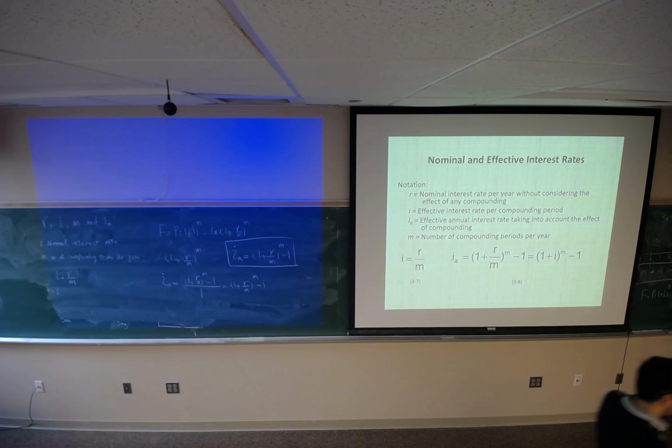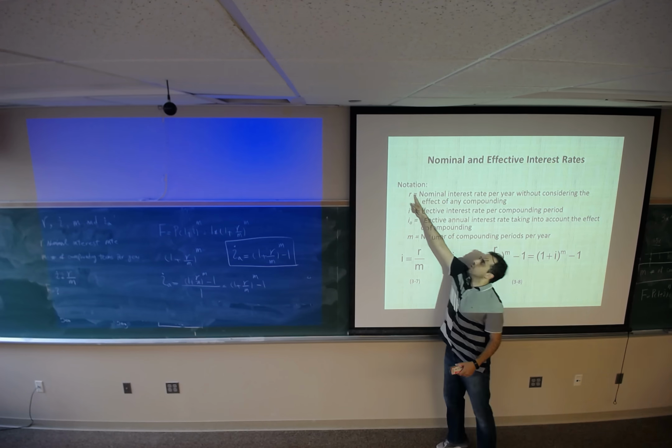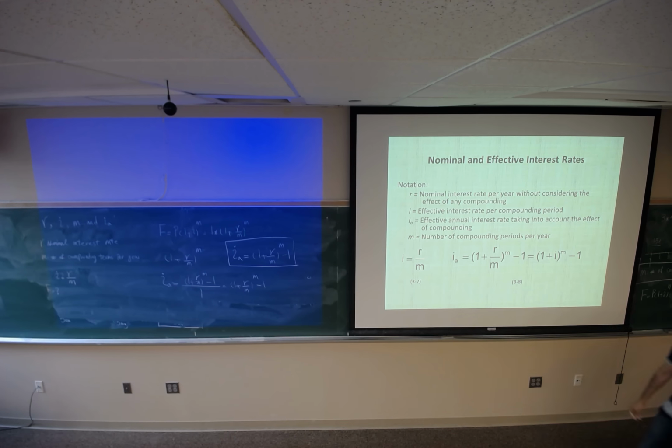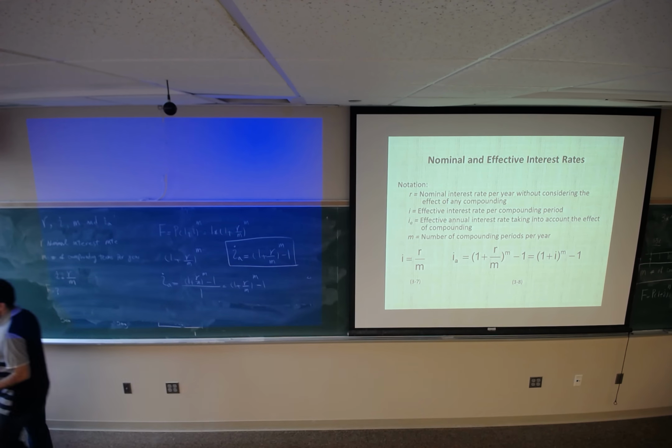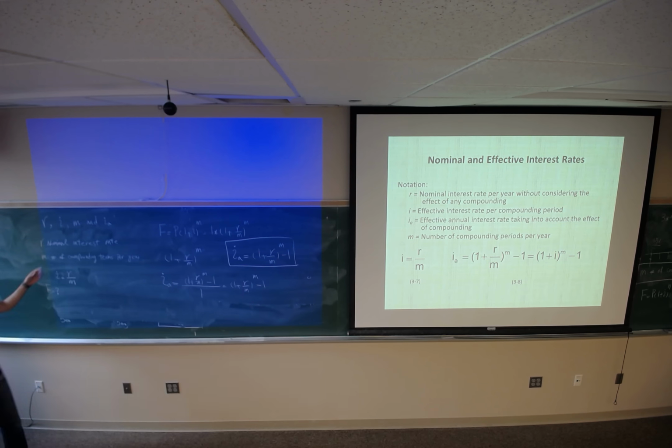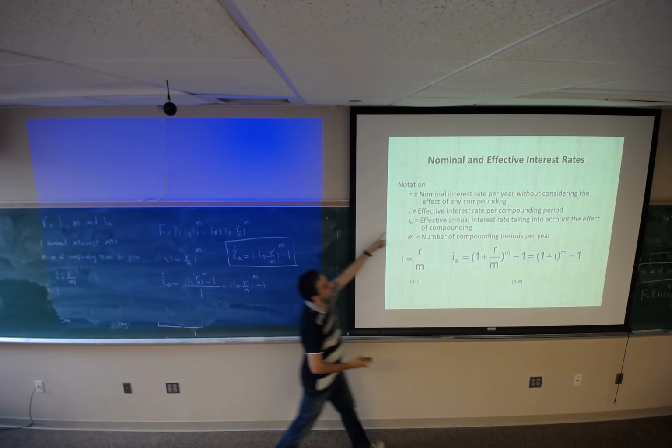So we have 4 terms. R, usually you are given this when you go to the bank to get a mortgage or get a loan or lease a car. The financial institutes are required to announce the nominal interest rate to their customers.